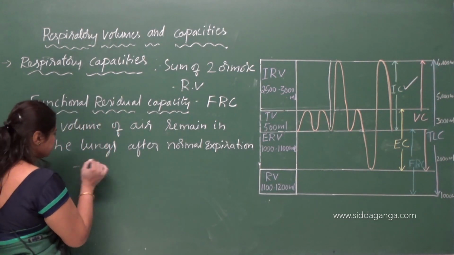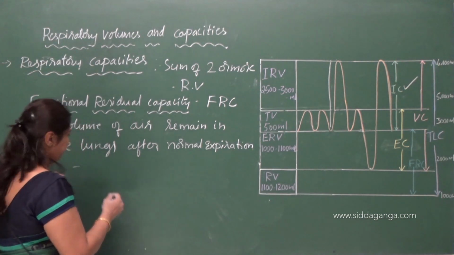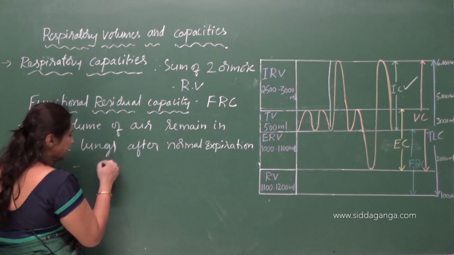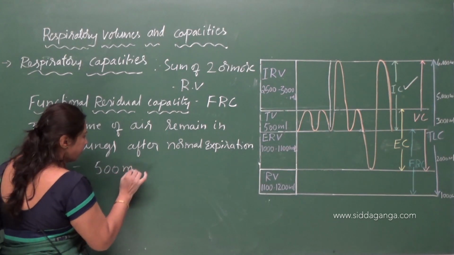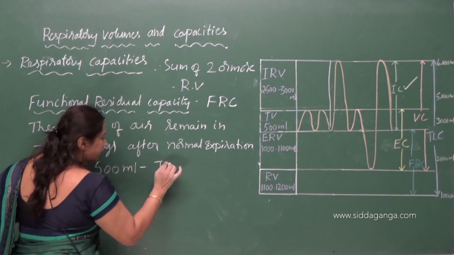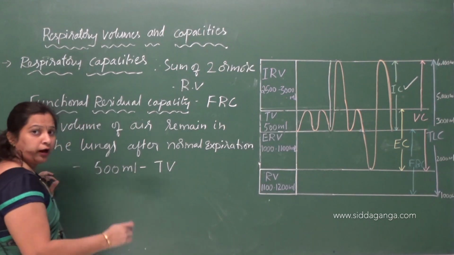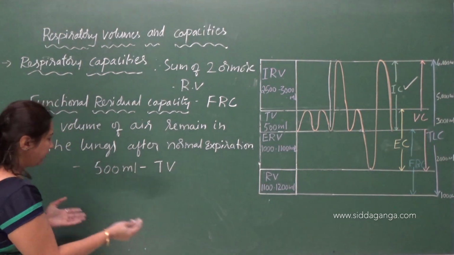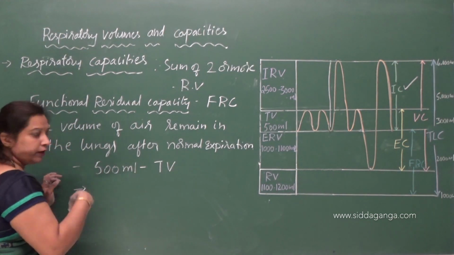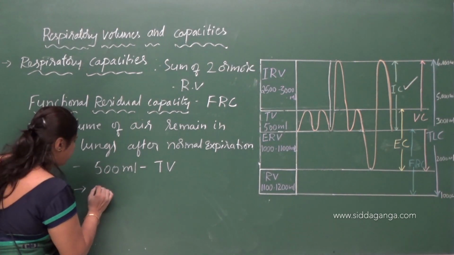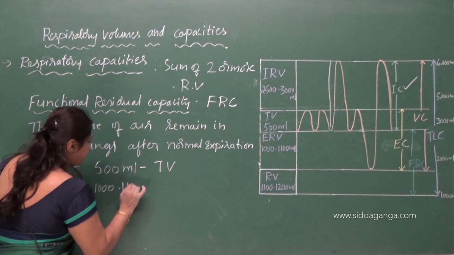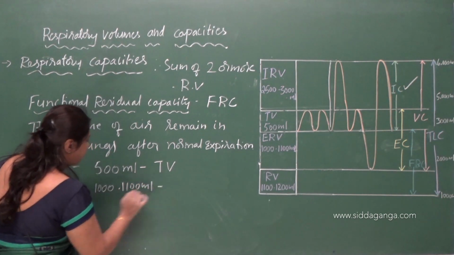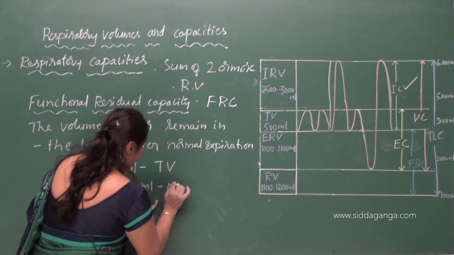See, if we expire normally, how much volume of air do we expel? 500 ml, that is the tidal volume. And if we expire forcefully, how much further volume of air are we able to expel? That is 1000 to 1100 ml. Okay, so this is what the ERV.